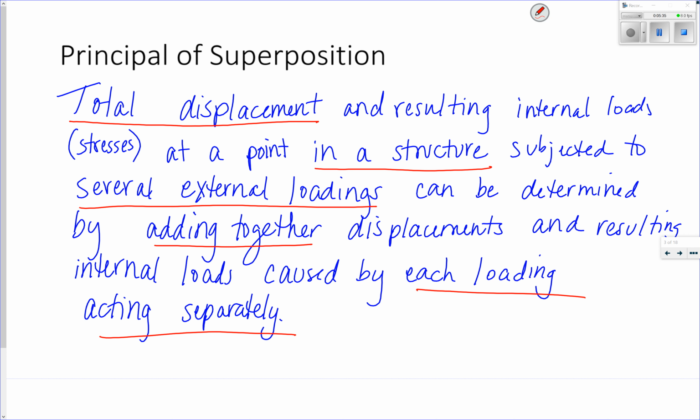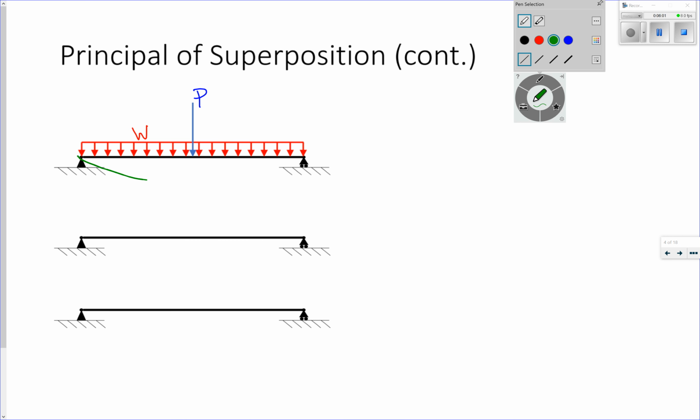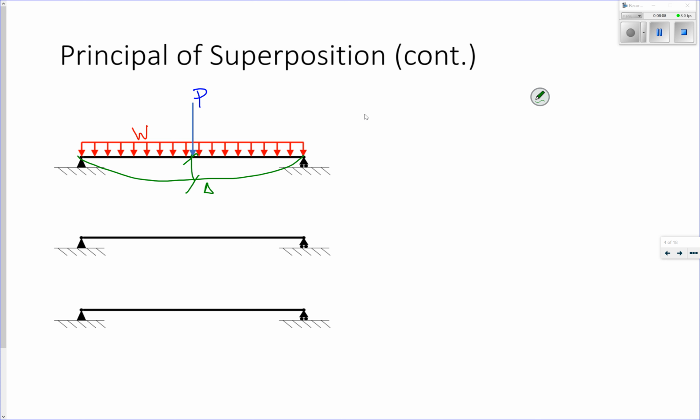So a picture is worth 1,000 words, right? So let's say we have a simply supported beam subjected to a distributed load W and a point load P, and it has a deformed shape, something like that. It displaces some amount delta.